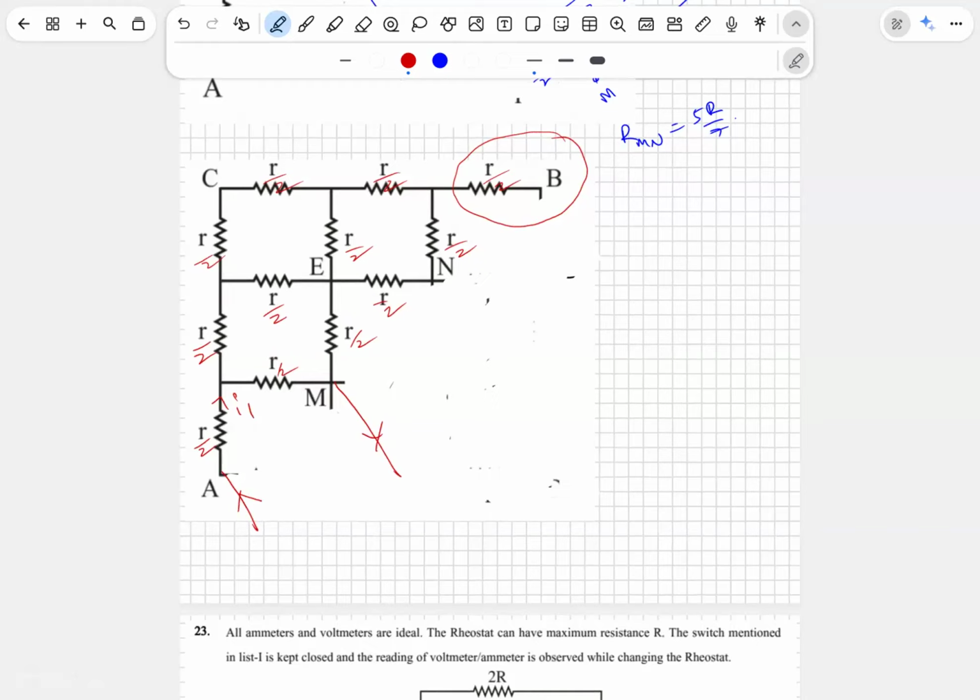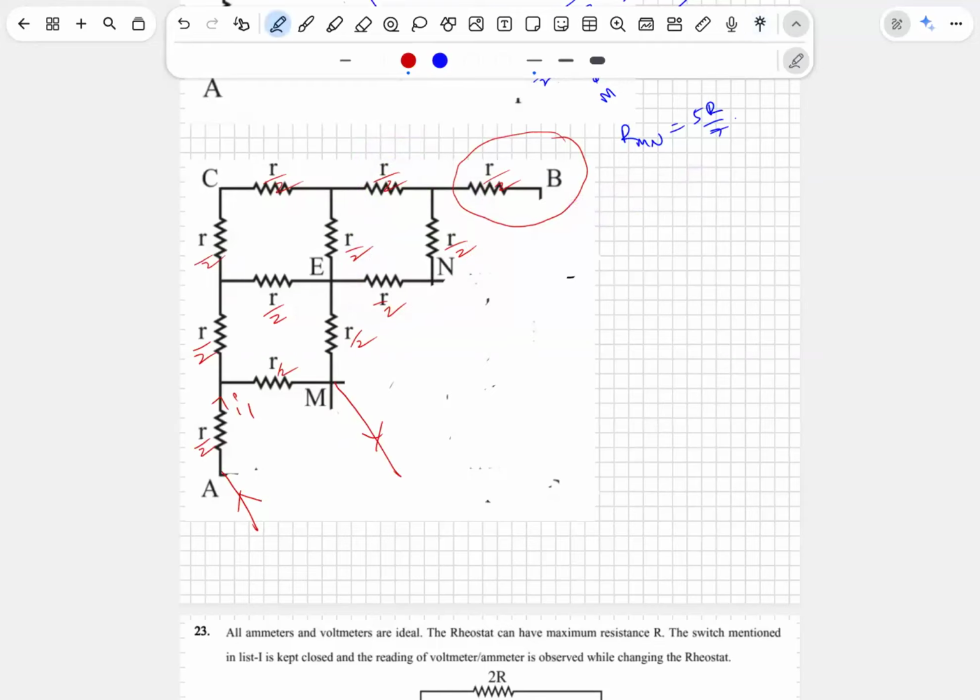You want to remove this? Okay. Now what are all available? No, hold on. I'll explain. This is a series. This is all series. You forget about this.